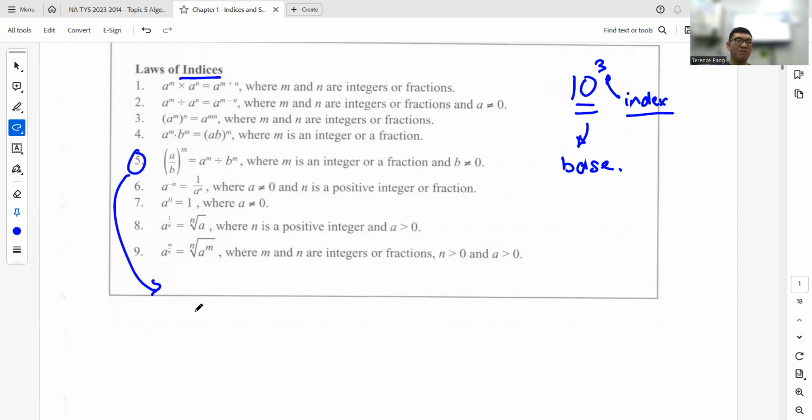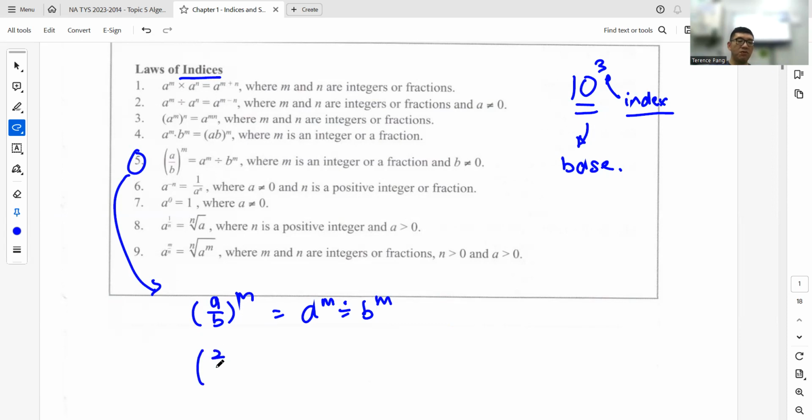Okay, law number 5: (a over b) to the power of n can be rewritten as a to the power of n divided by b to the power of n. Again, this is one of the common questions that you may see. So let's explore it.